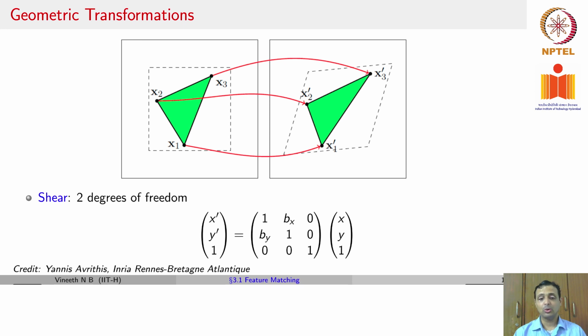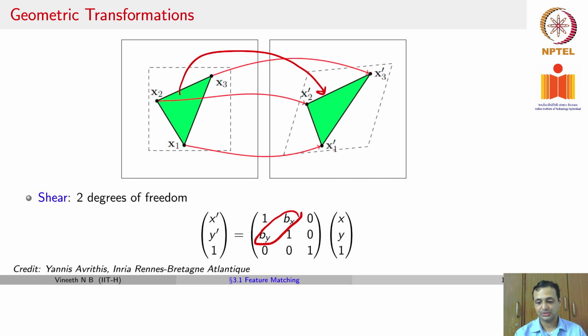Another transformation is known as the shear transformation. You can see here how the triangle gets transformed between image 1 and image 2. This is known as shear, where you apply pressure on one of the sides of the triangle and extend it and keep the other sides perhaps constant. So this is given by changing just these quantities bx, by in your transformation, and the rest of them stay 1. Then it's called shear.